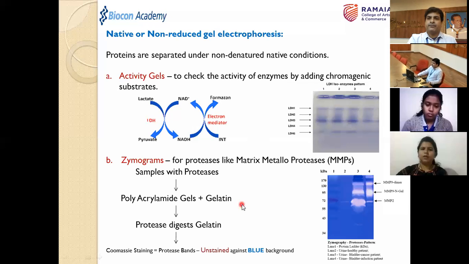Sir, what is the purpose of adding the chromogenic substrate in activity gels? Chromogenic substrate in activity gel is nothing but, see, this is tetrazolium salt.